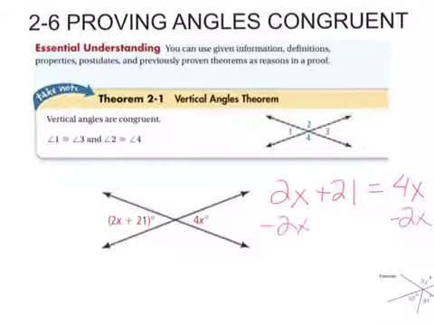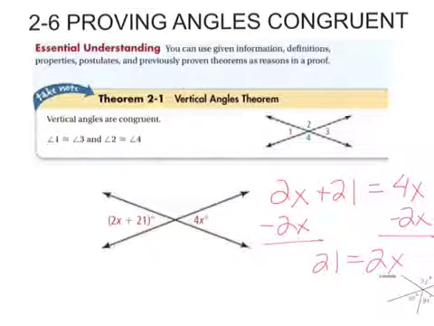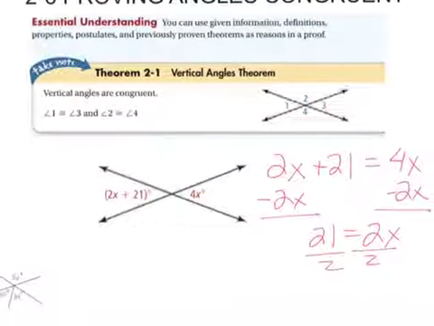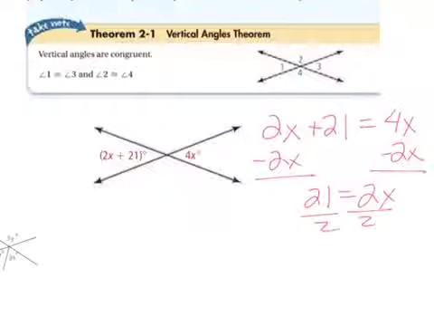Go through the algebra steps, we can subtract 2x from both sides, and we get 21 is equal to 2x. Dividing both sides by 2, and we get that x is going to be equal to, in this case, 10.5.